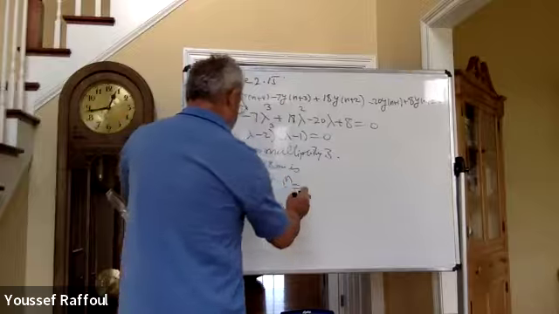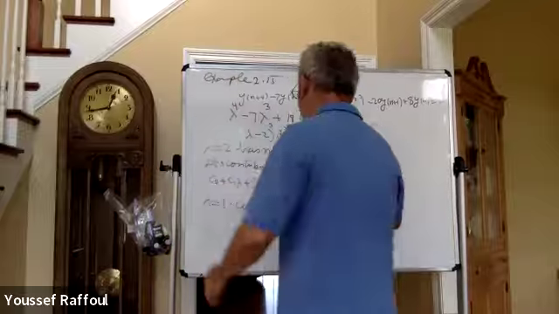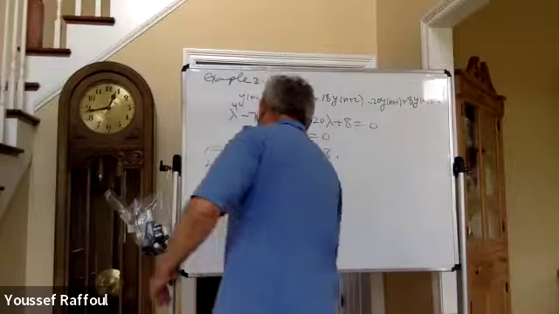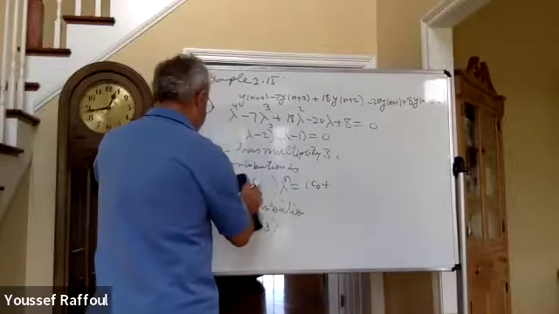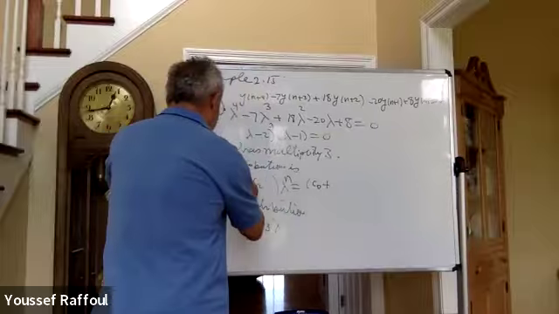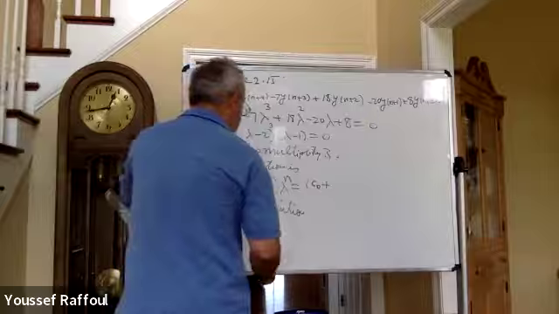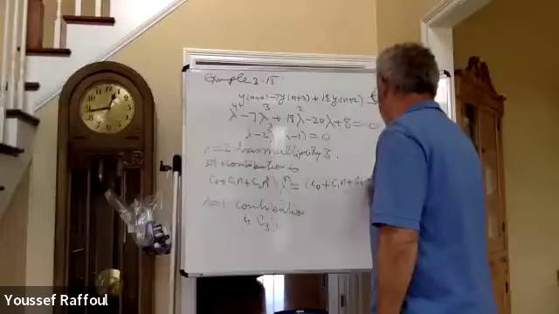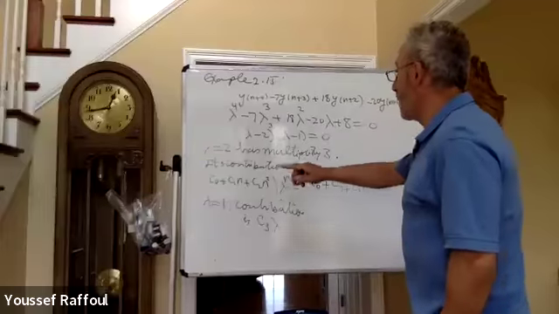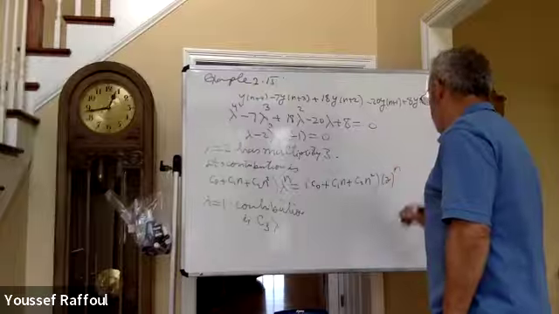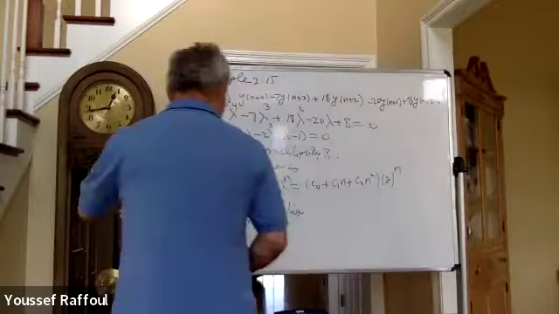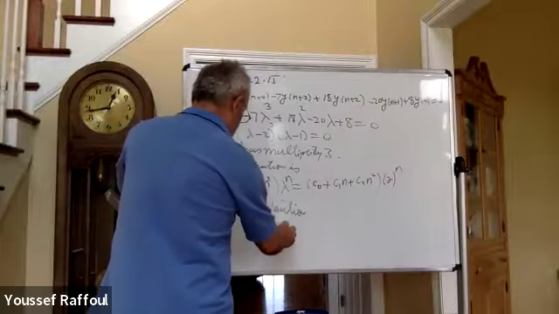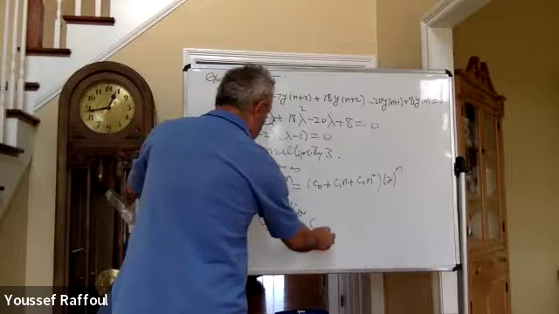Okay, so let me finish this. No, I made a mistake here, guys. This is supposed to be n. So C0 plus C1 n plus C2 n squared times 2 to the power n. And C3 times 1 to the power n, and that is C3.